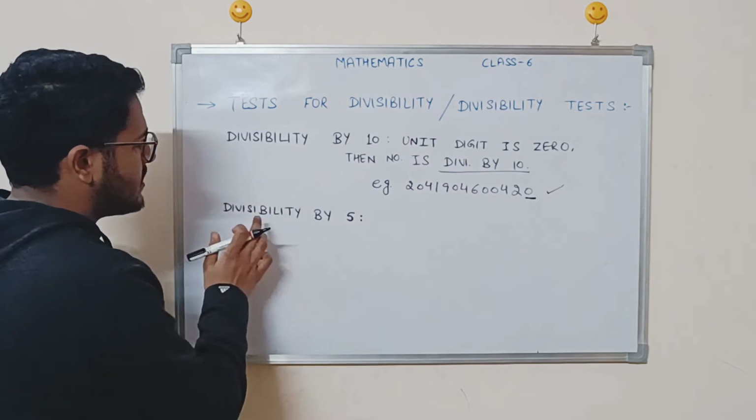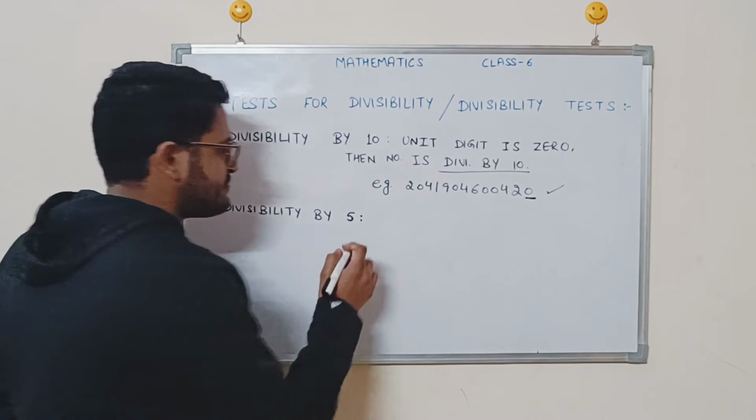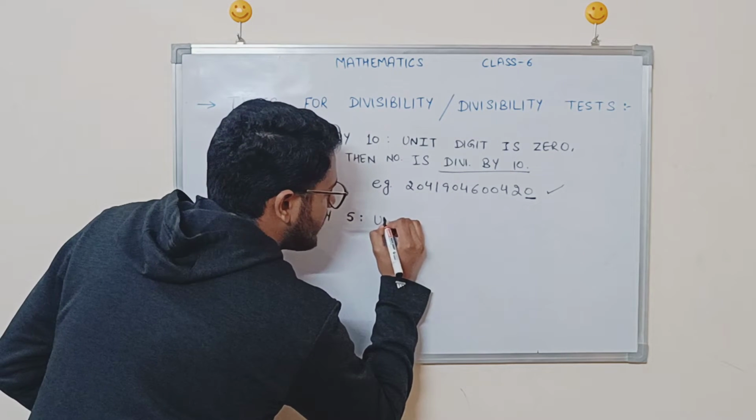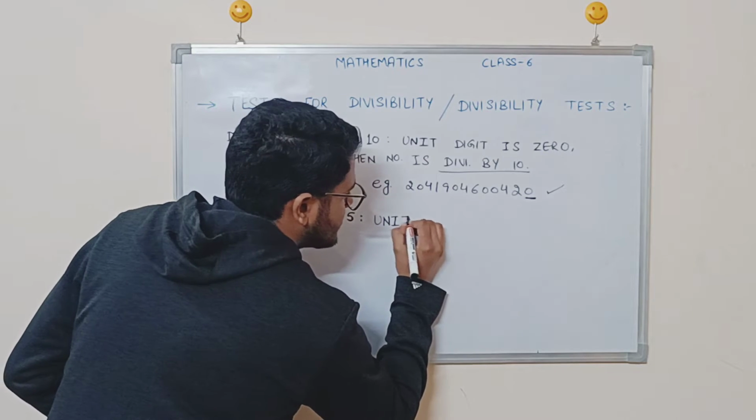Okay. Now let's continue to divisibility by 5. Divisibility by 5 is also very simple.